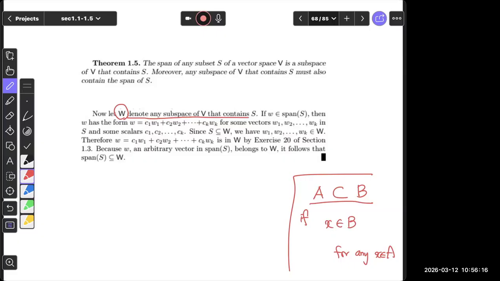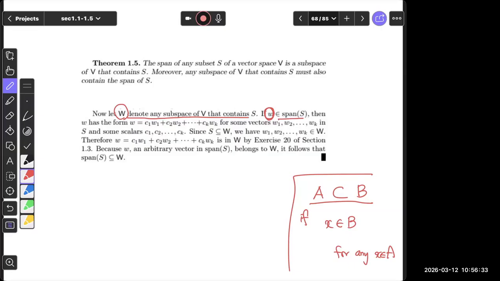So in order to show that W contains the span of S, let me choose any arbitrary element from the span of S, and then show that it belongs to the W space.